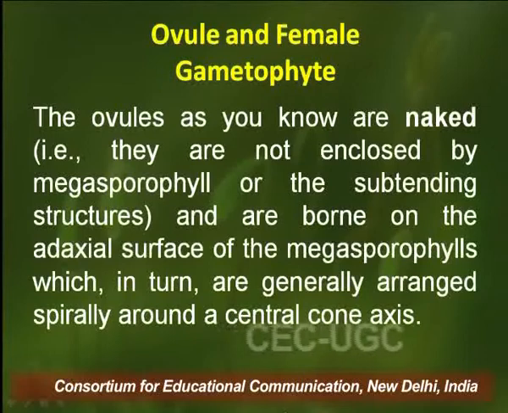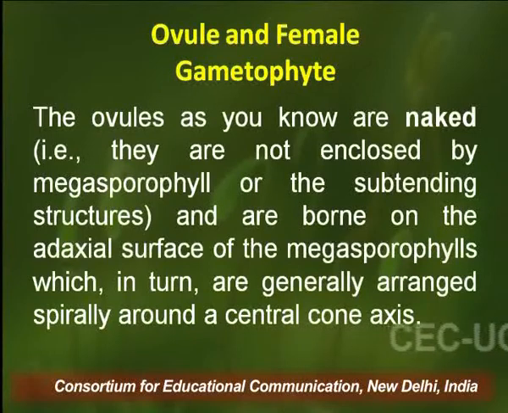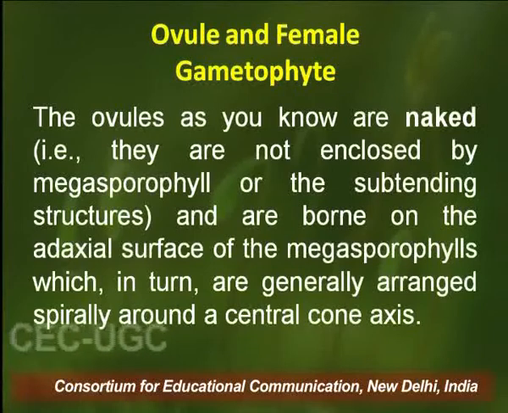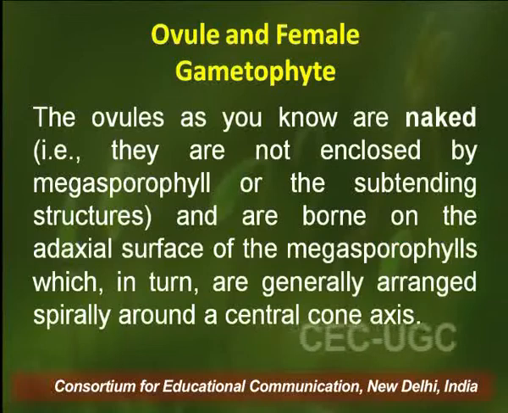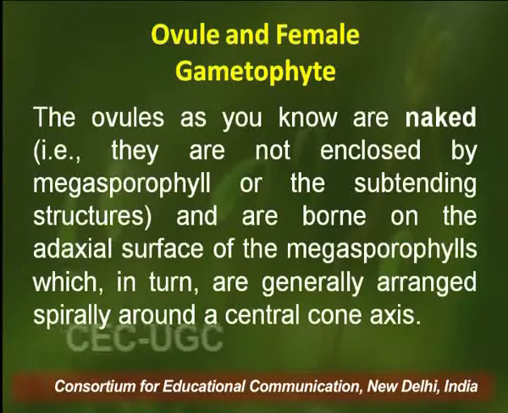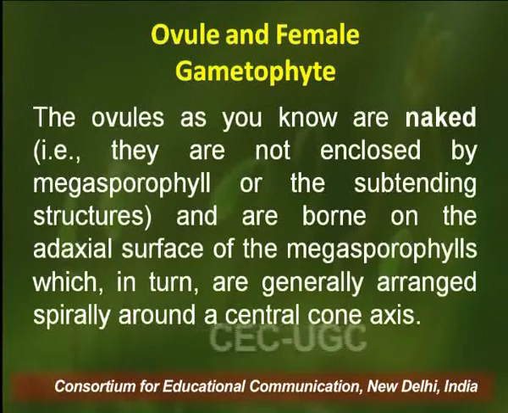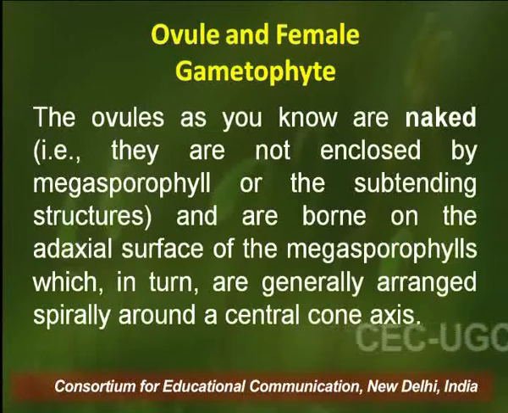Now let us talk about the female gametophyte, which is contained within an integumented structure called the ovule or the megasporangium. As we all know, ovules are naked and they are borne on the adaxial surface of the megasporophyll. When we talk about naked ovules, that means they are not enclosed by the megasporophyll or subtending structures.